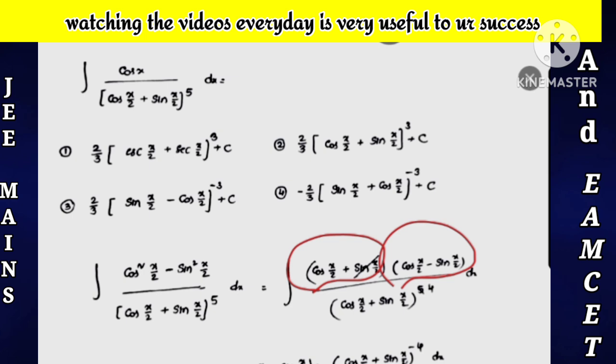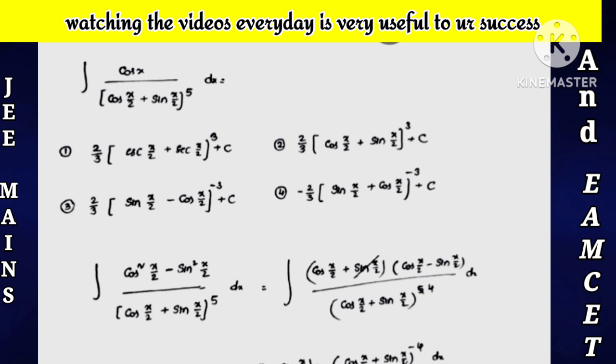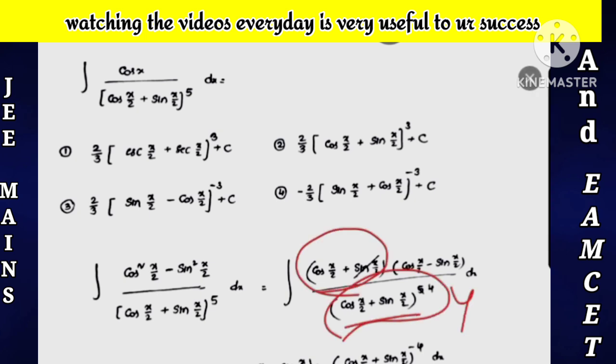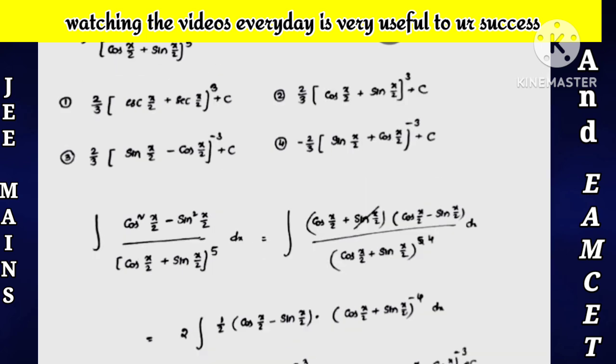Now here, cos x by 2 plus sin x by 2 is cancelled four times. The denominator has power 5; cut this value and the denominator becomes power 4. This is cancelled here, leaving cos x by 2 plus sin x by 2 power 4.